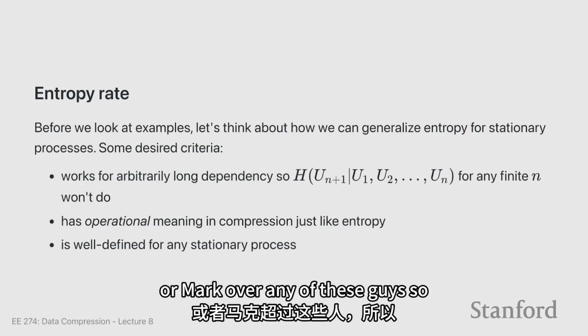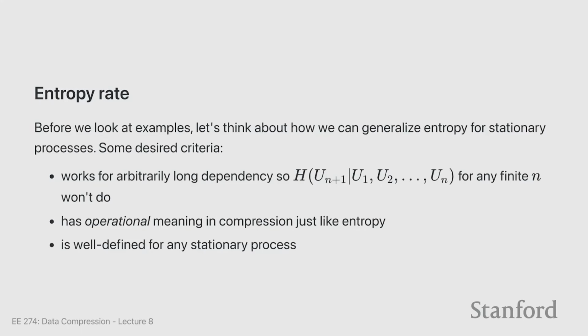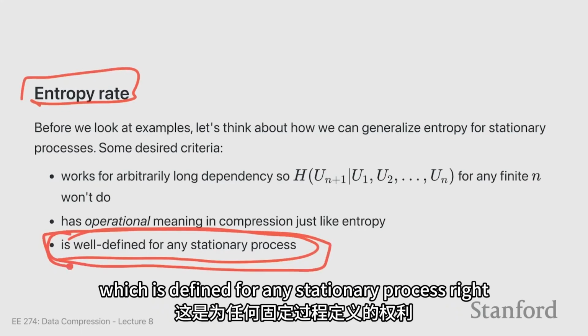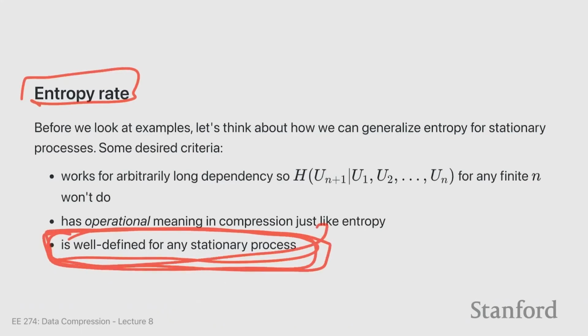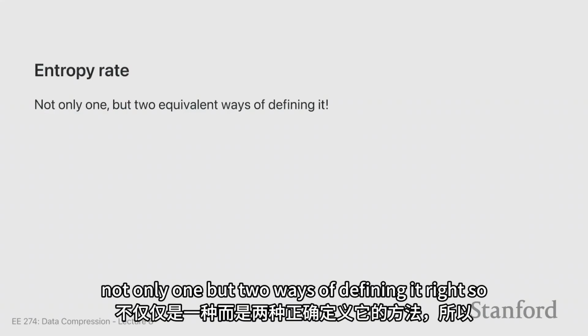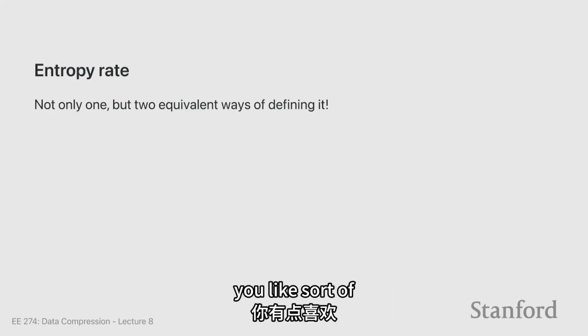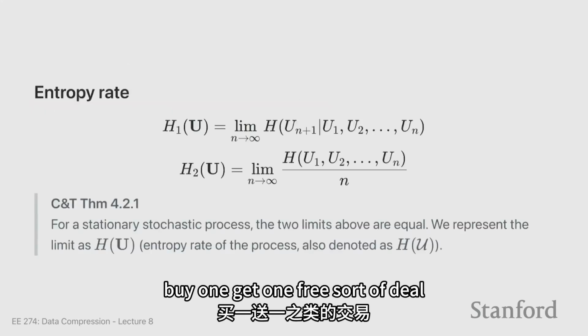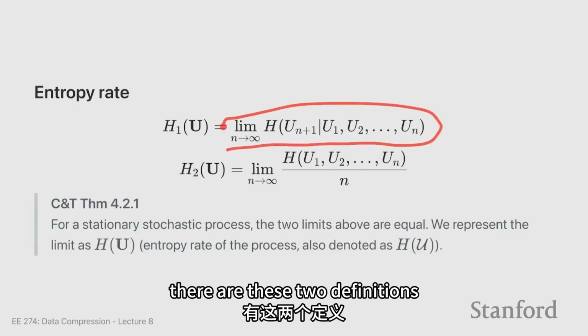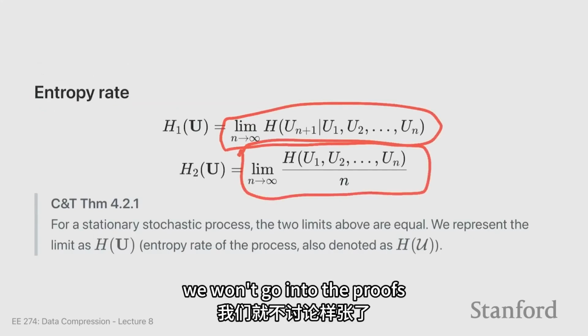So we will define something called entropy rate, which is defined for any stationary process, and not only one but two ways of defining it. It's a buy one, get one free sort of deal. There are these two definitions. We won't go into the proofs.